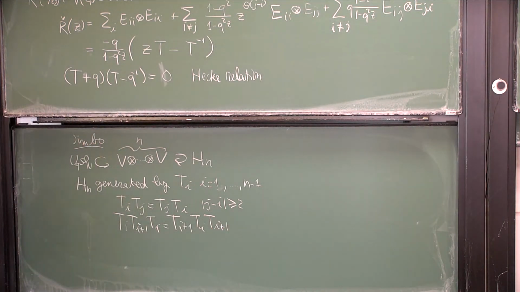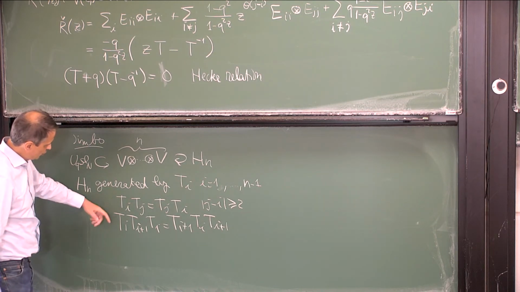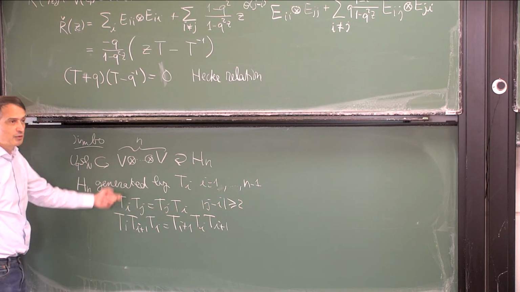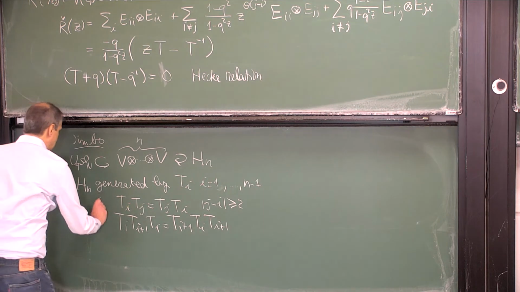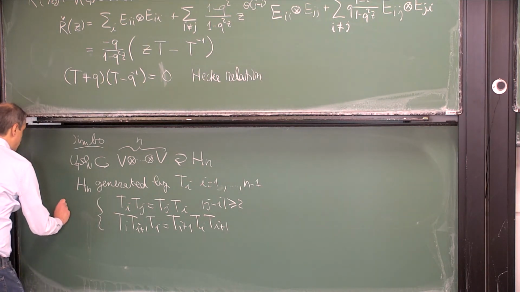These relations are also satisfied by the symmetric group, the transpositions of the symmetric group. But in the symmetric group, you have the additional relation that T_i squared is equal to 1. So these are the braid relations, the relations of the braid group.